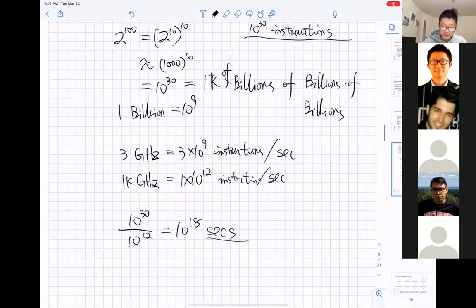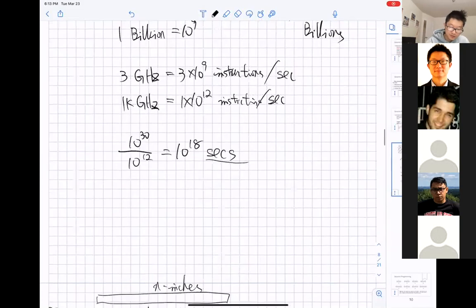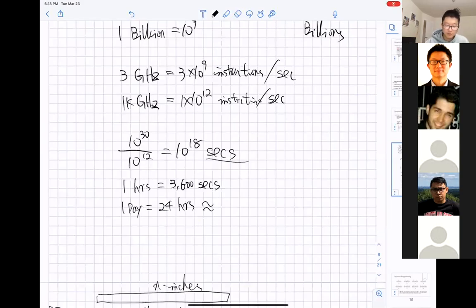Let's do some calculation. 1 hour equals 3600 seconds, and 1 day is 24 hours, which is less than around 100,000 seconds, or 10 to the power of 5 seconds.